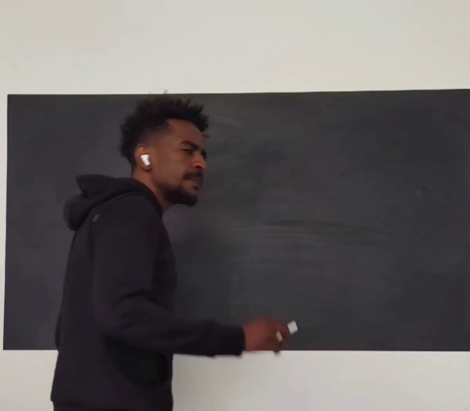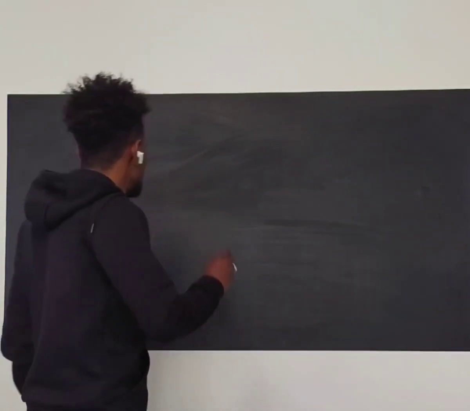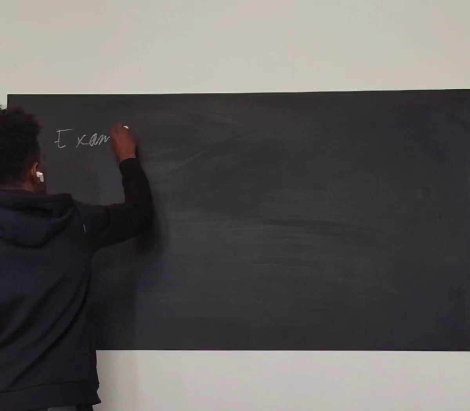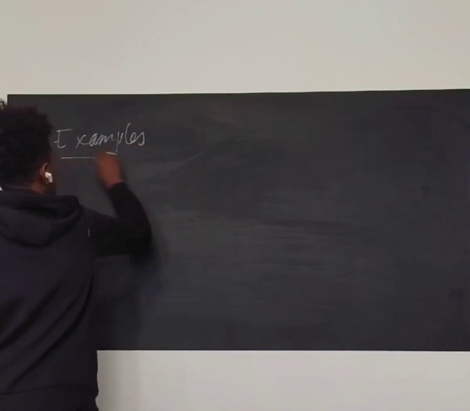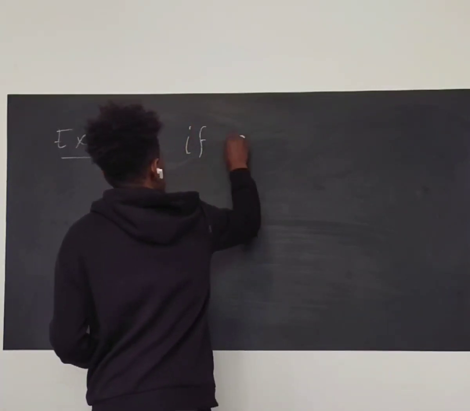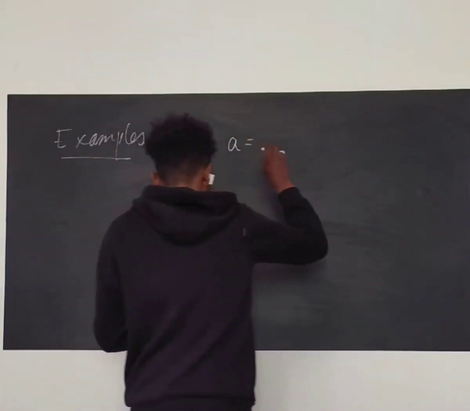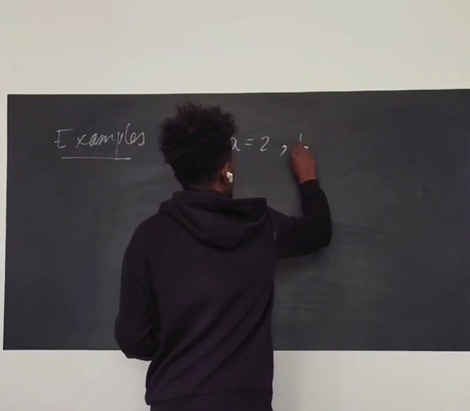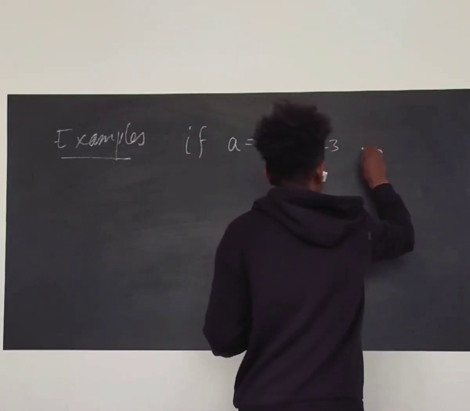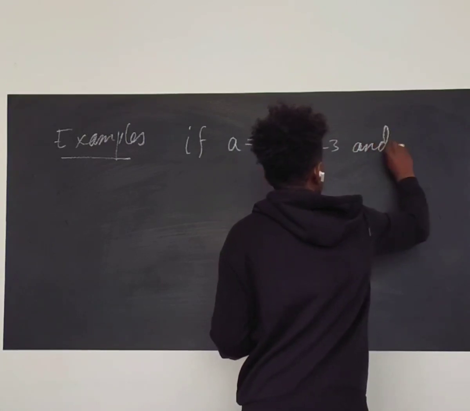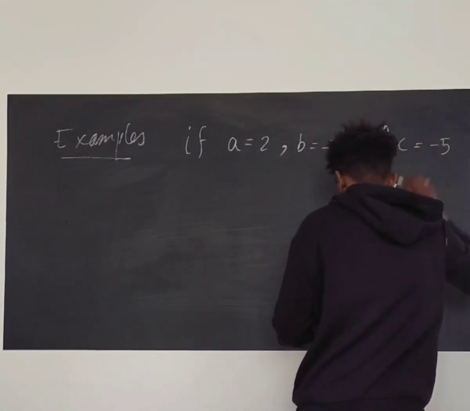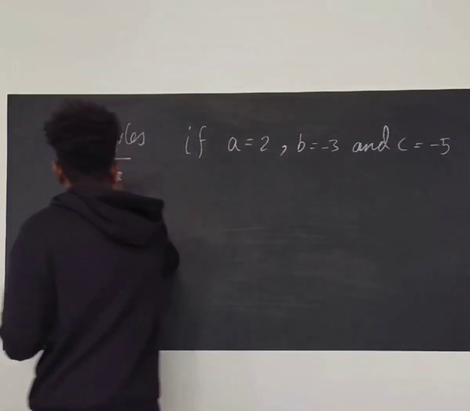So I can now take some examples. So if a is equal to 2 and b equal to minus 3 and c equal to minus 5, evaluate.